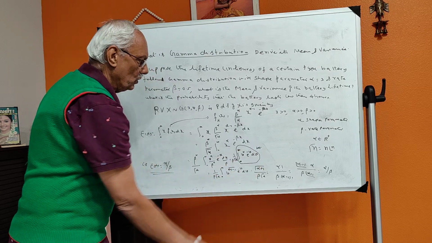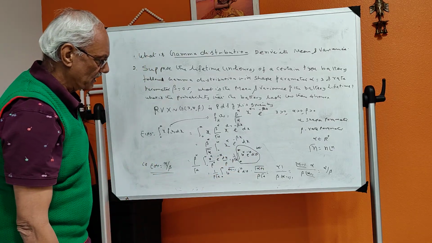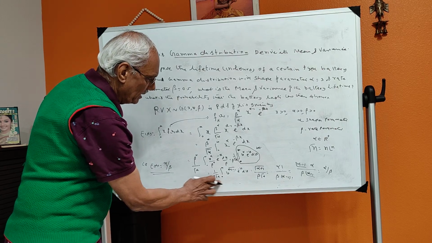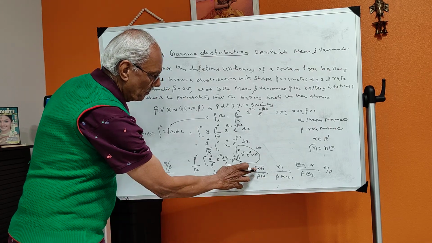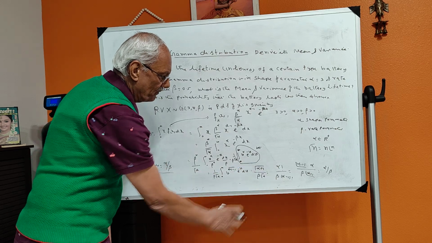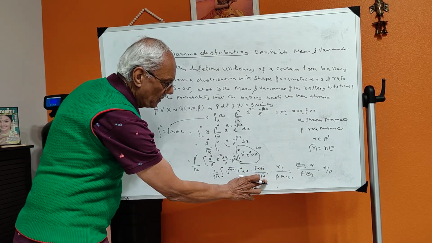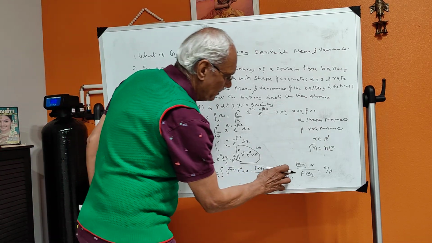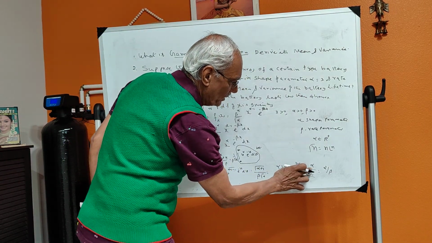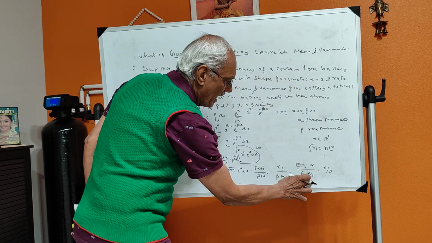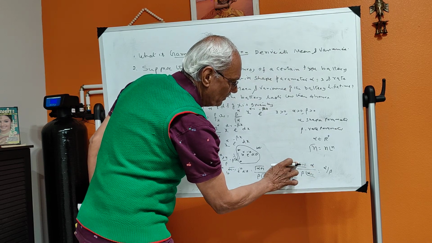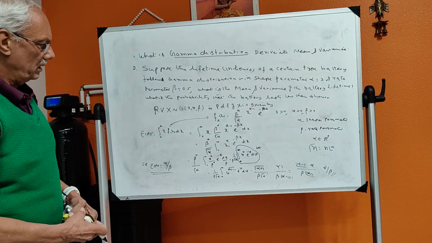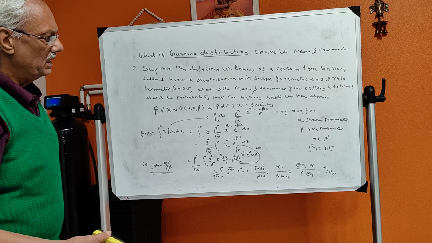But this is nothing but gamma of alpha plus 1 divided by beta into gamma of alpha. But gamma of alpha plus 1 is alpha factorial, whereas gamma of alpha is alpha minus 1 factorial. This is nothing but alpha minus 1 factorial into alpha divided by beta into alpha minus 1 factorial. So these two will get cancelled, giving you alpha by beta. So our mean is alpha by beta.